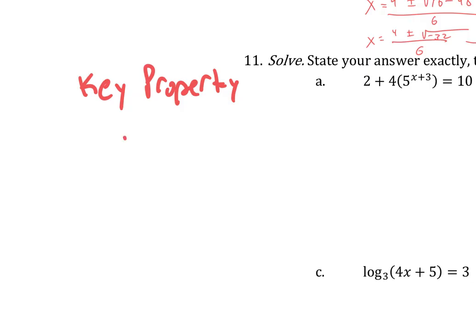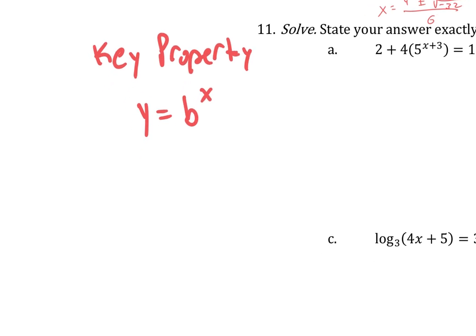If we have y equals b to the x, well, we can rewrite this. b is the base, so we can swing that base around, and we can rewrite this as log base b of y equals x.